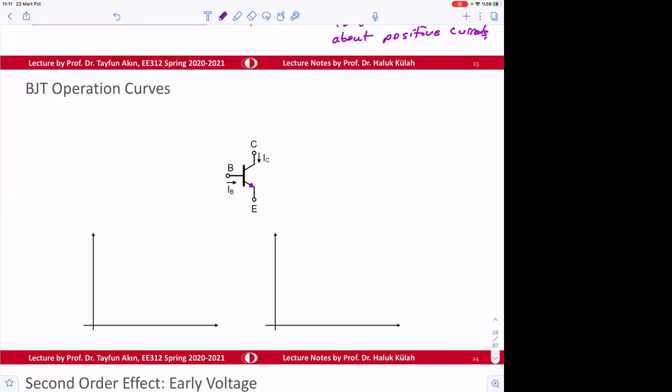biased collector-base junction is formed to have proper operation. So now we'll be looking at the voltage transfer curve or voltage-current characteristics of this device. In this device, VBE and the IC current, or emitter current, are related, as you learned, and it is going to give us a response like this.